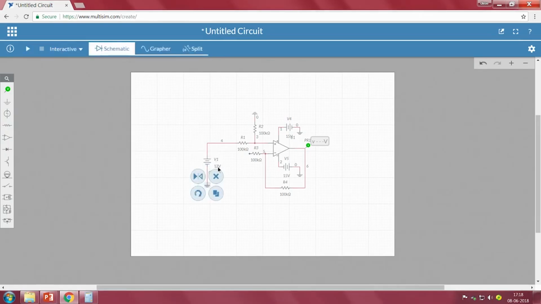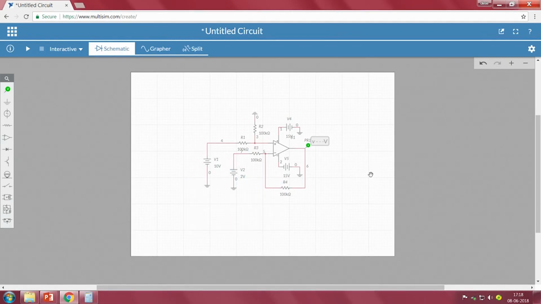This should start from 10 volts, so let me take it to 10 volts. Then I should take one more voltage source, a DC source, connecting it here, and this should be ground. Now we will start from 10 volts and this value at 2 volts.